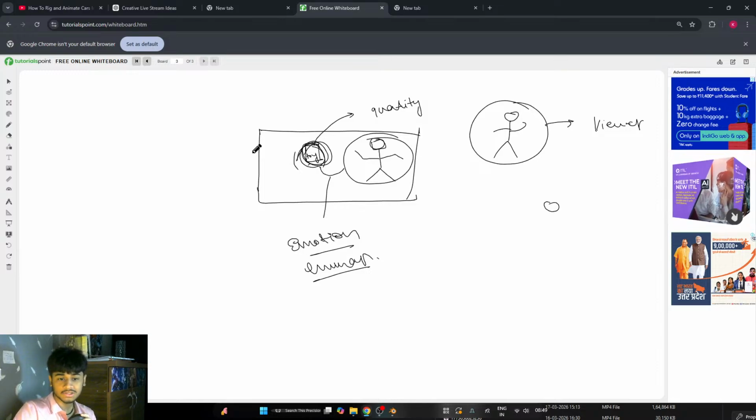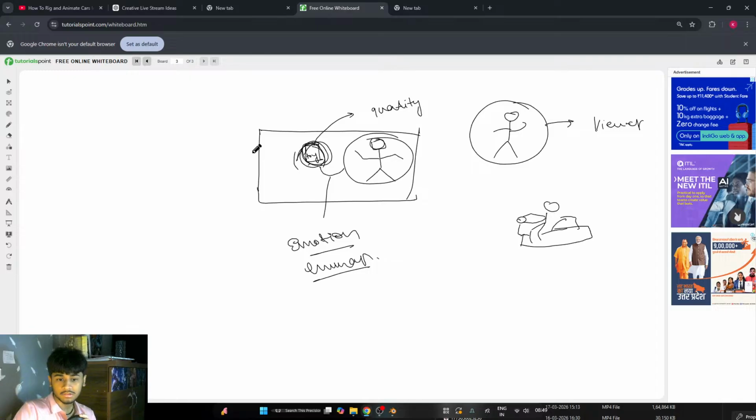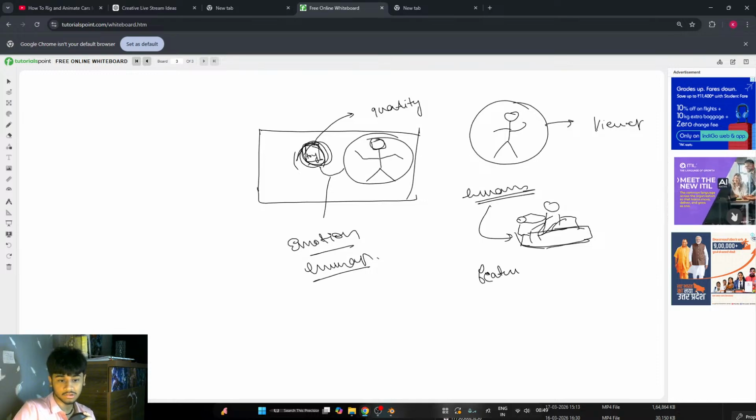If a person is driving a car, okay, so this is my car. If a person is driving a car and the car company wants their car to be sold, it is not just that they are showing the car, they are showing the human in the ad using the features of the car which really are interesting.